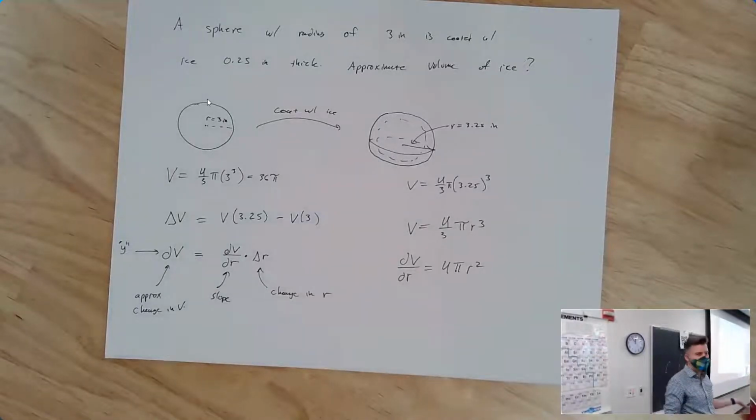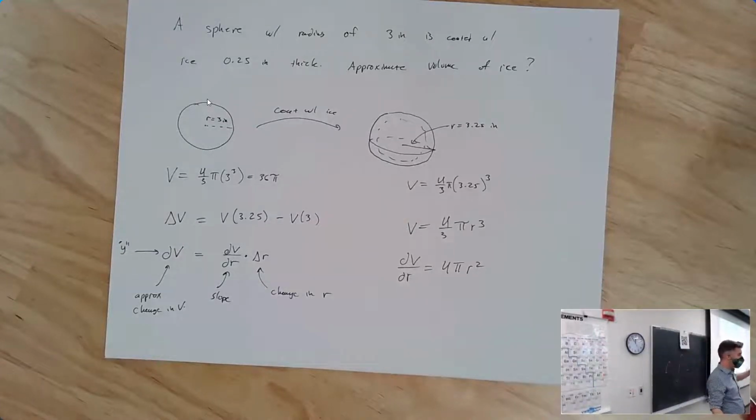In fact, it's kind of interesting. This is just a quick aside. This is only true for spheres and circles, but the derivative of their larger quantity equation is equal to the next thing. The area of a circle is pi r squared, and the derivative is the circumference.